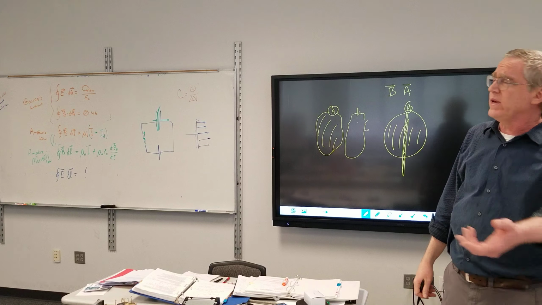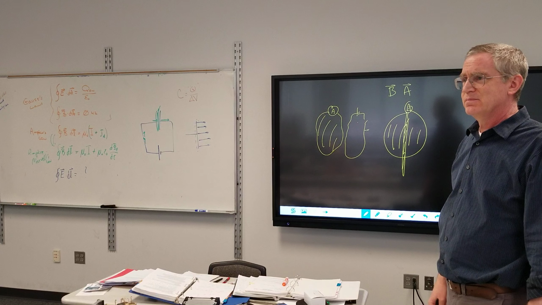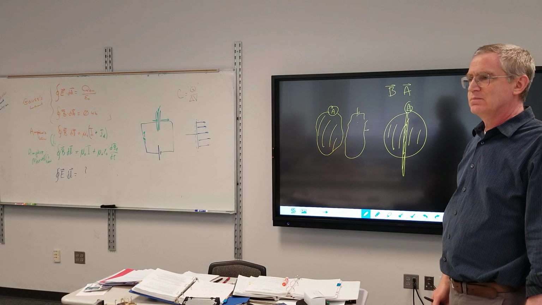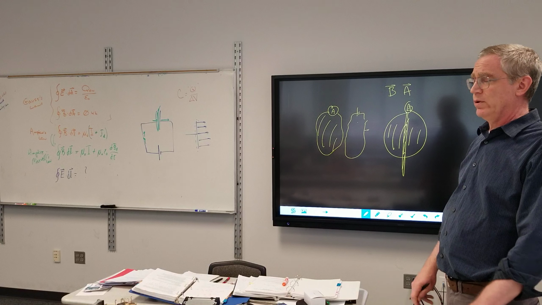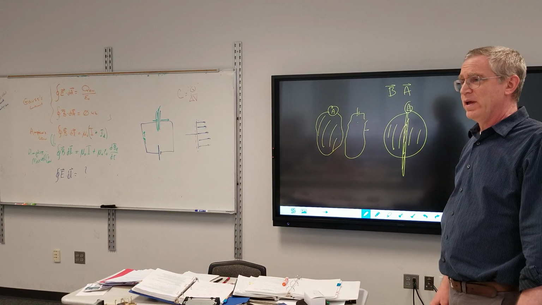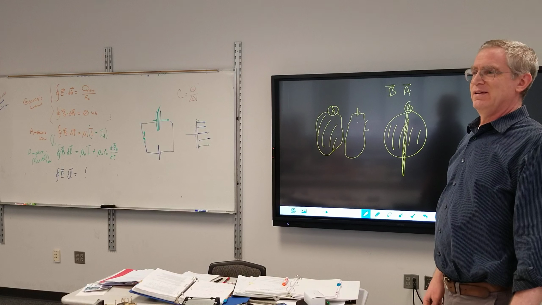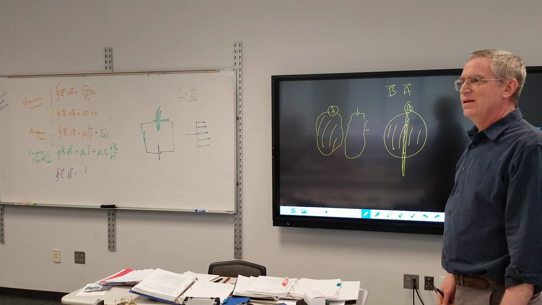And what quantity do we have that involves magnetic field and area? In unison would be really cool right now. It would make up for the dead silence after I asked it. Gauss's law of magnetism.